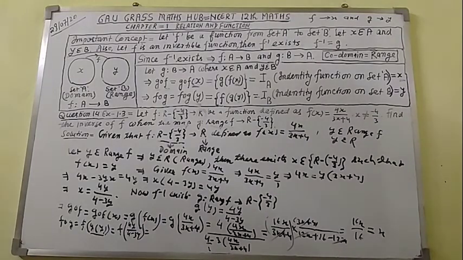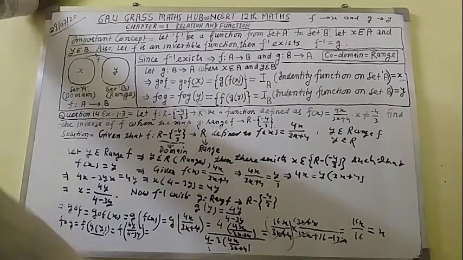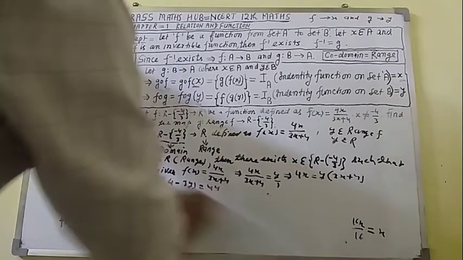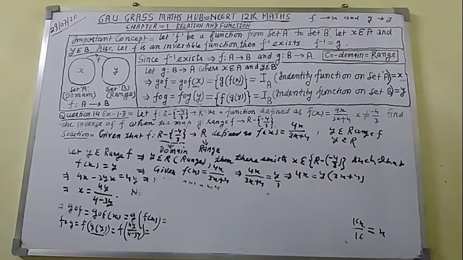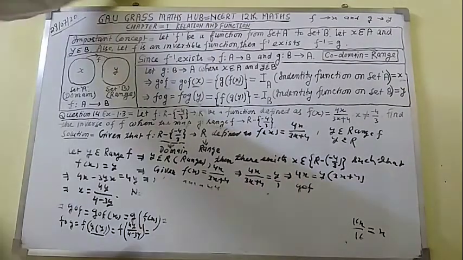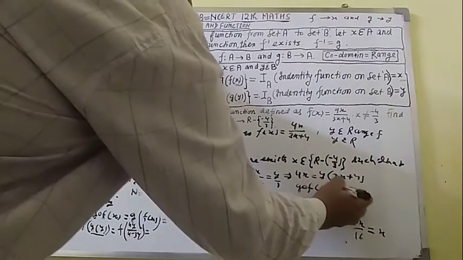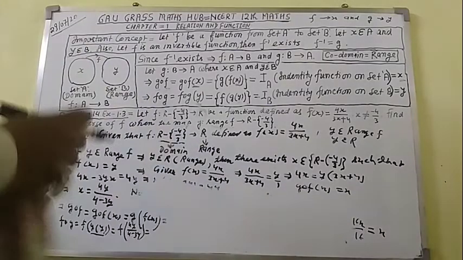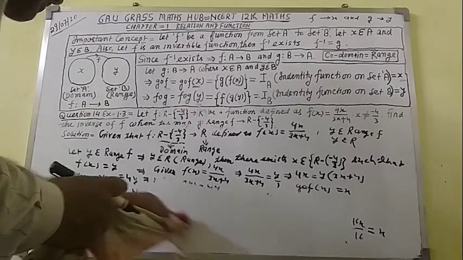So first g of f gives us x. I am going to erase this since I have less space here. Here you have g of f of x gives us x, and from this statement you will get, I am going to erase the term related to g of f.